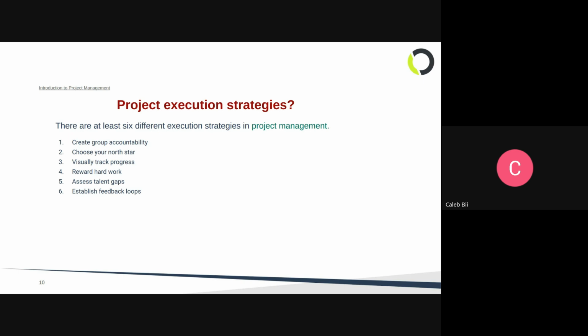Now the first execution strategy, create group accountability. Here you allocate the tasks that you've created to specific team members. You'll be working on a certain project as the project owner, and you'll have a team. Each and every team member will have a role in your team, so having them collaborate with each other is really important.